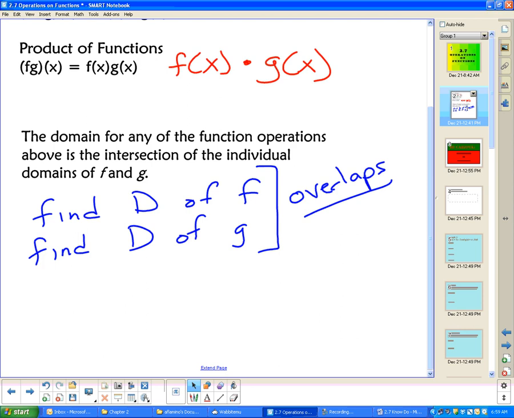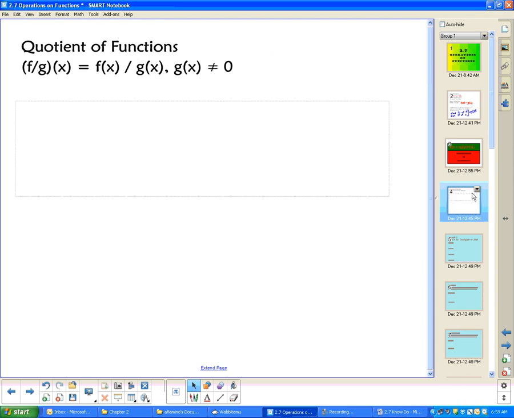So that is add, subtract, and multiply those. Why isn't divide on here? Because divide is slightly different. For the quotient of functions, the definition looks the same. (f/g)(x) is equal to f(x) divided by g(x), with one little restriction, provided that g(x) does not equal 0.